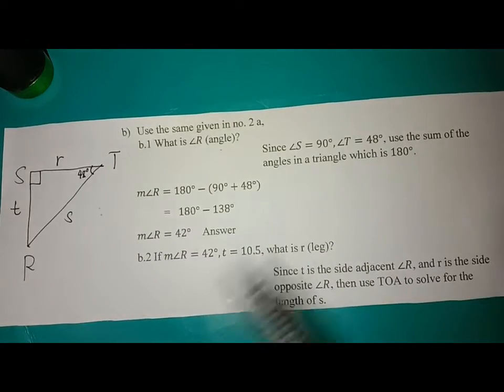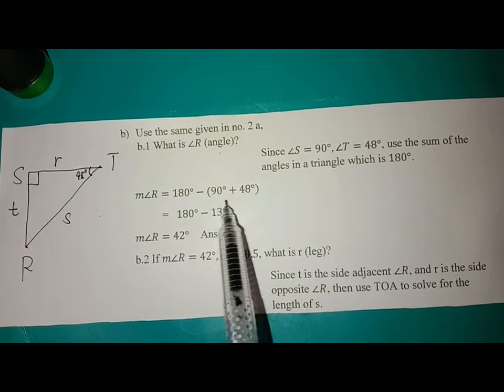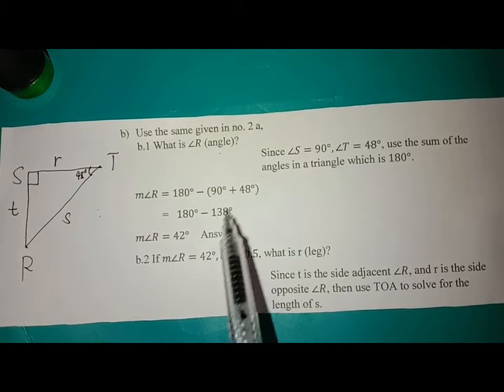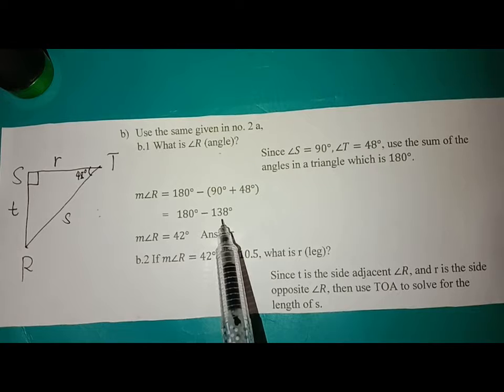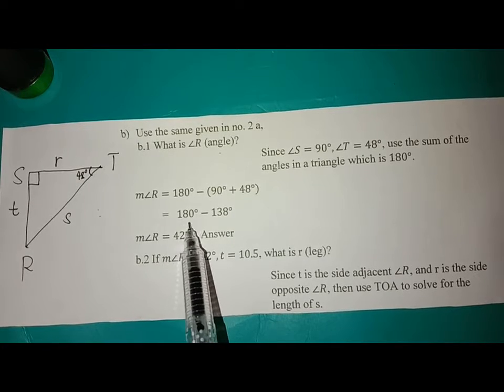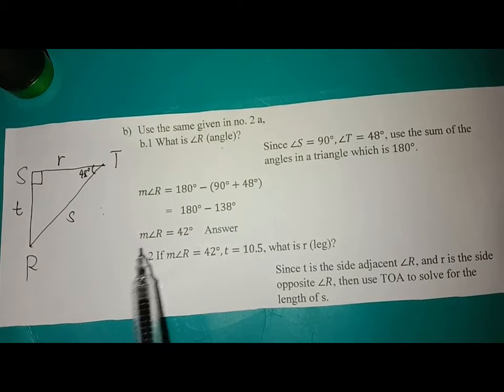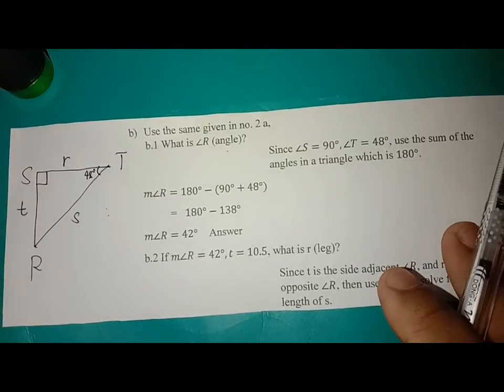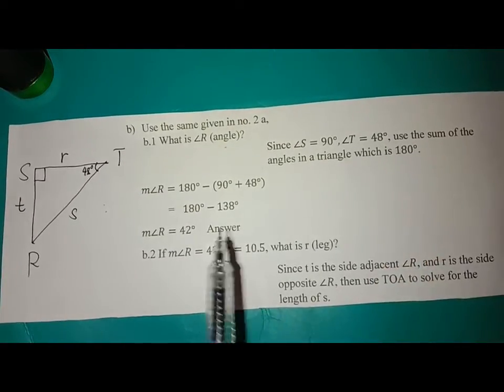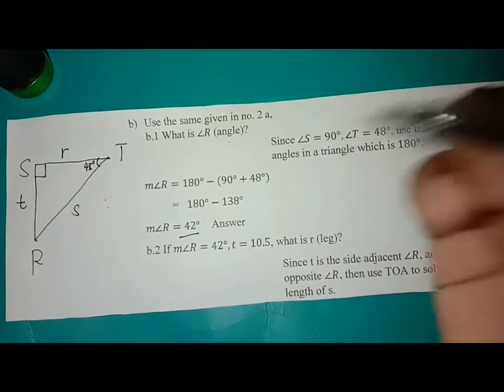First add 90 degrees plus 48 degrees, so that is 138 degrees. So that equals 180 degrees minus 138 degrees. You have the measurement of angle R, which is 42 degrees. So this is the answer.